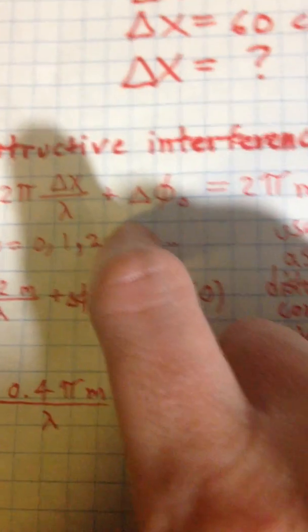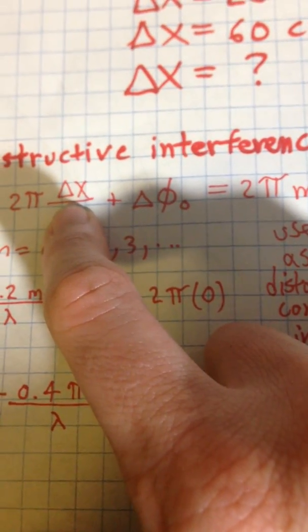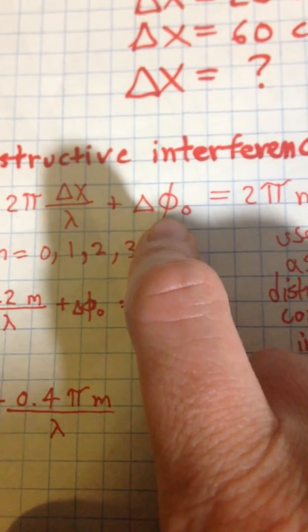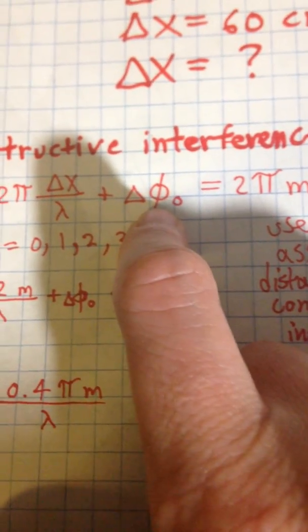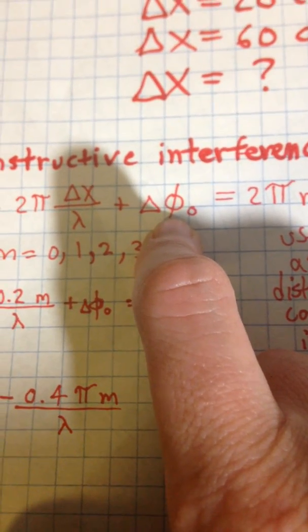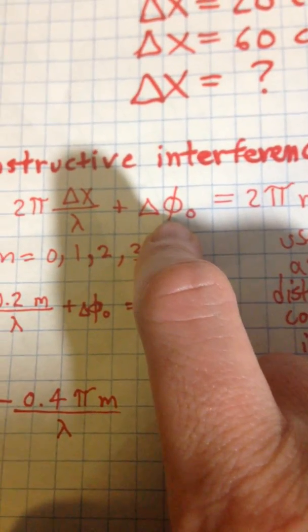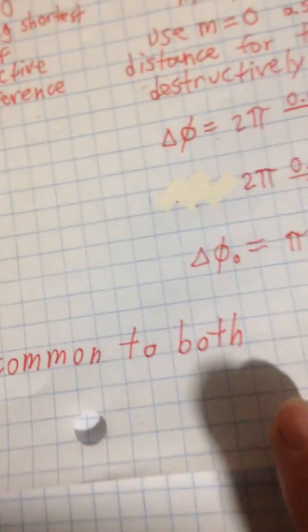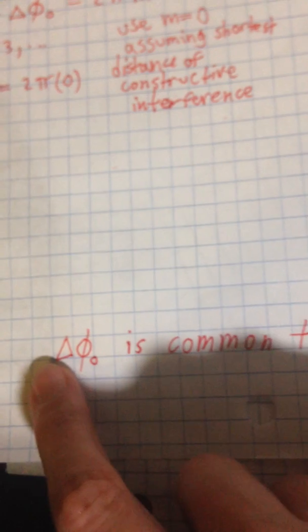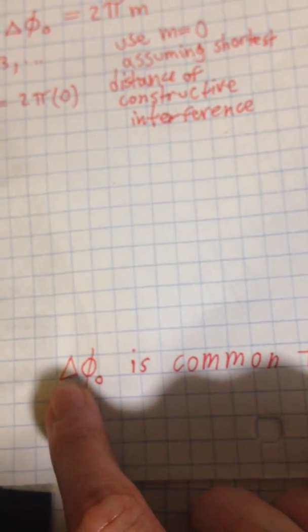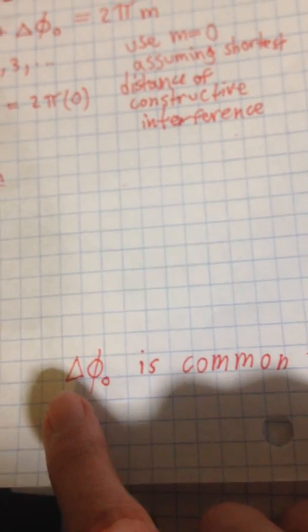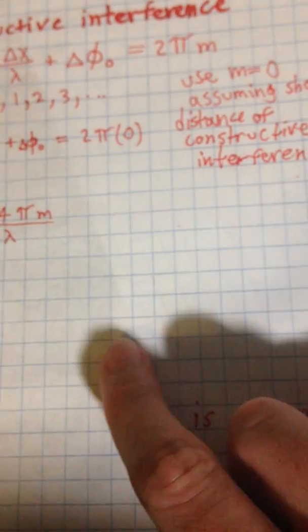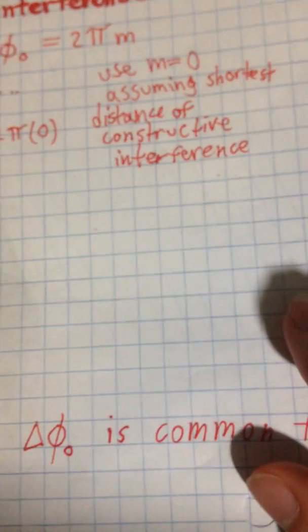On the other side of the equation, we know the separation condition, and we don't know the inherent phase difference between the waves, but we know that it is common to both, because this delta takes into account the initial phase of one wave and the initial phase of the other wave.